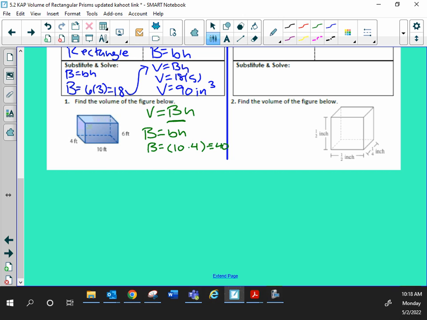And then I'm going to substitute that into V is equal to big BH. So 40 times the height of the whole prism, which is 6, is 240. The volume of the prism is 240 feet.